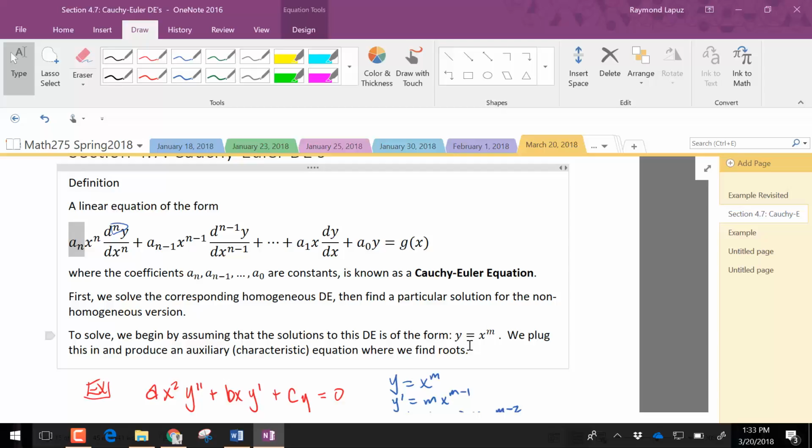So it's really specialized, but it's another type of differential equation that now we can solve that's not just the constant coefficients that we've been doing. Yes, the power of x in the original differential equation has to match the derivative that you're taking.